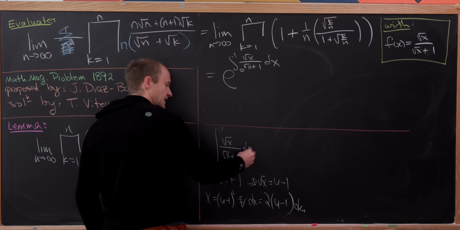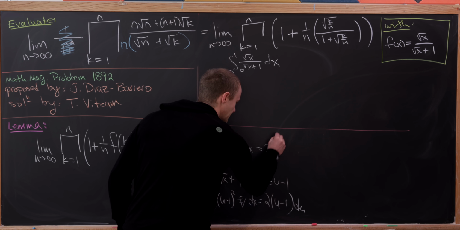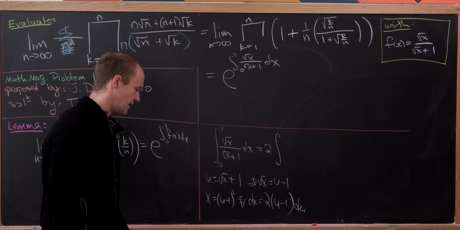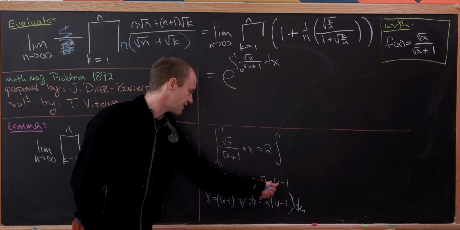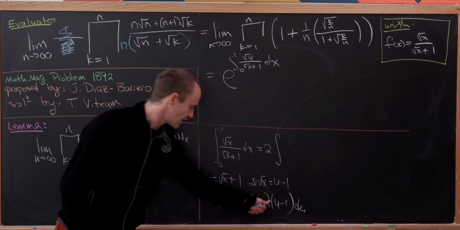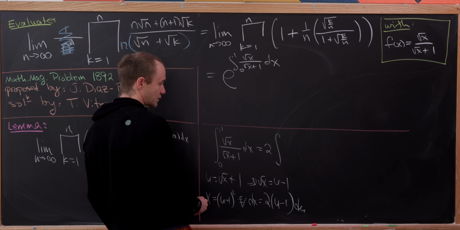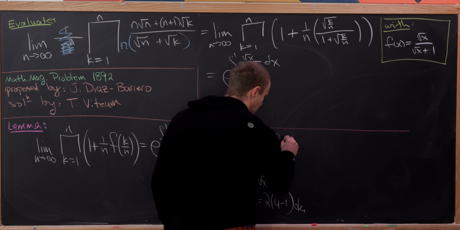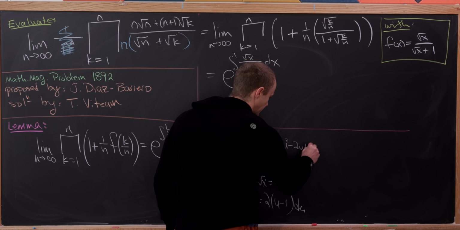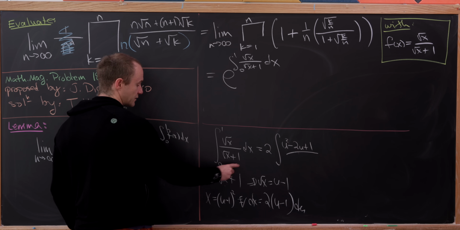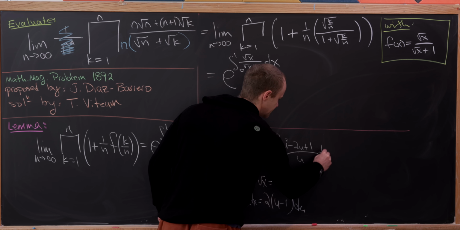So that's going to leave us with 2 times the integral of, we pick up a u minus 1 from the root x in the numerator, another one from the dx. That gives us u minus 1 quantity squared, or u squared minus 2u plus 1, over this root x plus 1, which is u, du.